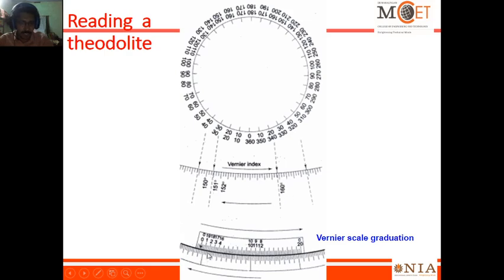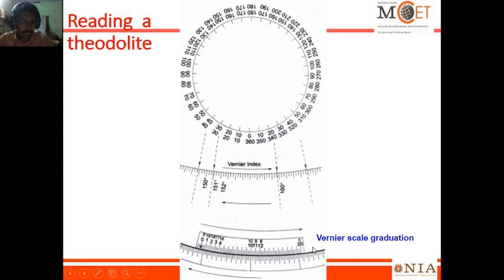The intermediates are 1 degree and the small division, as I have explained here, is 20 minutes. Here there is a vernier scale. It also has the same type of pattern. Say 1 main division, 2 small divisions, next main division. It is coming this way or this way, both ways, right?